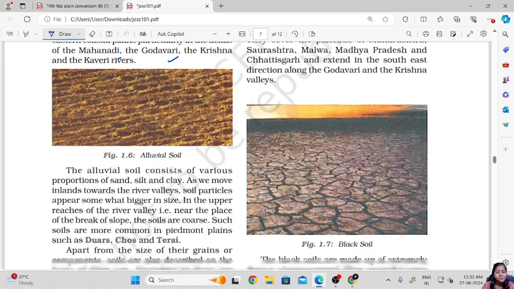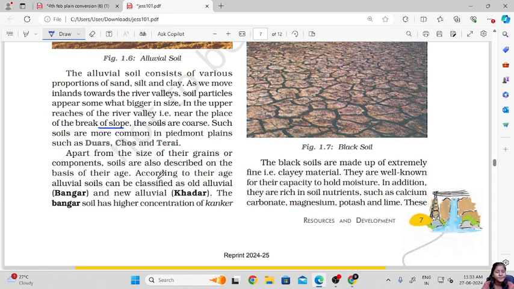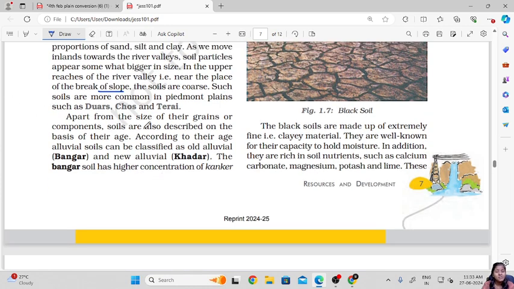As we move inland towards the river valleys, soil particles appear somewhat bigger in size, and in the upper reaches of the river valley, near the place of the break of slope, the soils are coarse. Such soils are more common in piedmont plains like Duars, Terai and Bhabar. Apart from the size of the grains, soils are also described on the basis of their age.